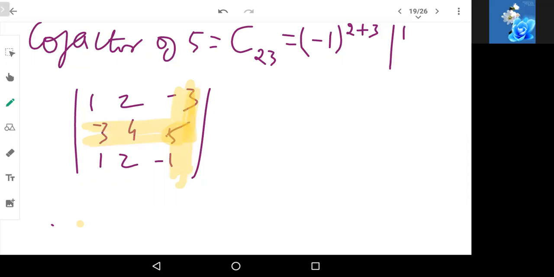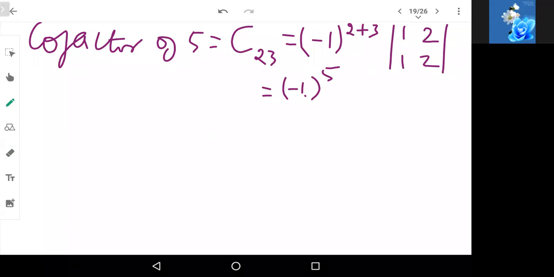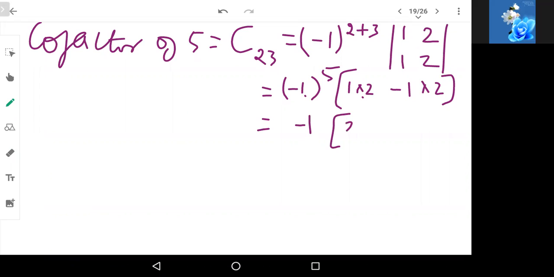We have 1, 2, 1, 2. Now we are supposed to solve this. Minus 1 to the power 5 into 1 into 2 minus 1 into 2. So here minus 1, 1 2s are 2, again 1 2s are 2. So this will be 0 because minus 1 into 0 is 0.